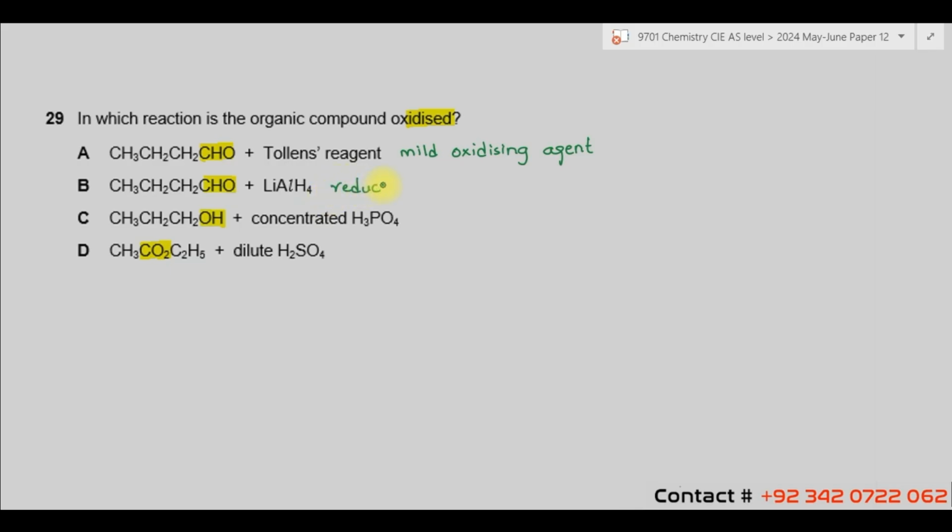It cannot oxidize, it can only reduce. Concentrated phosphoric acid, when this is used with alcohol, it causes dehydration, which is the removal of water. And then we have dilute sulfuric acid along with ester. When this is used, it causes acid hydrolysis of ester. So the only part which is being oxidized is part A.